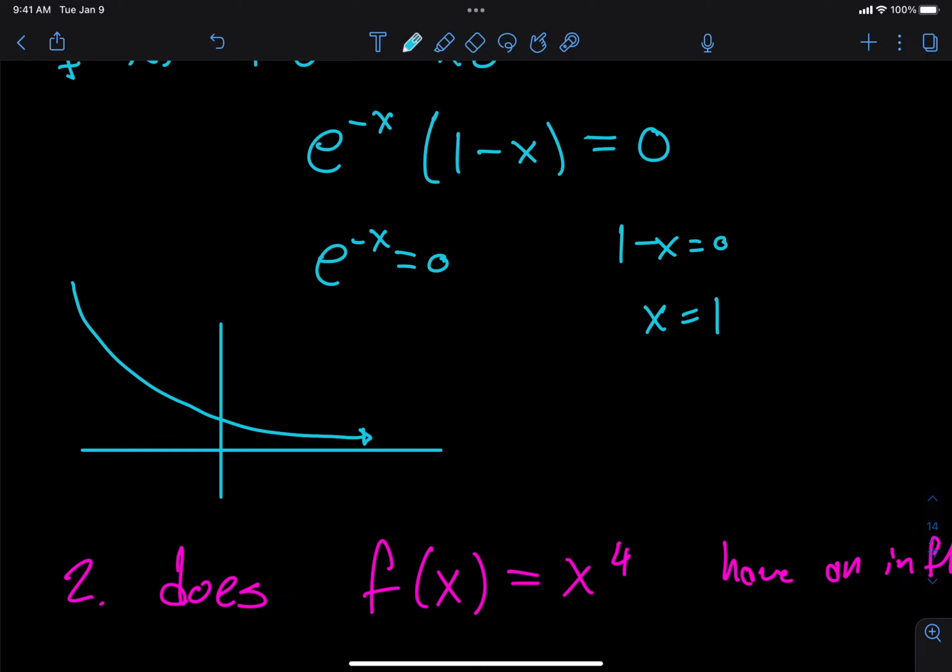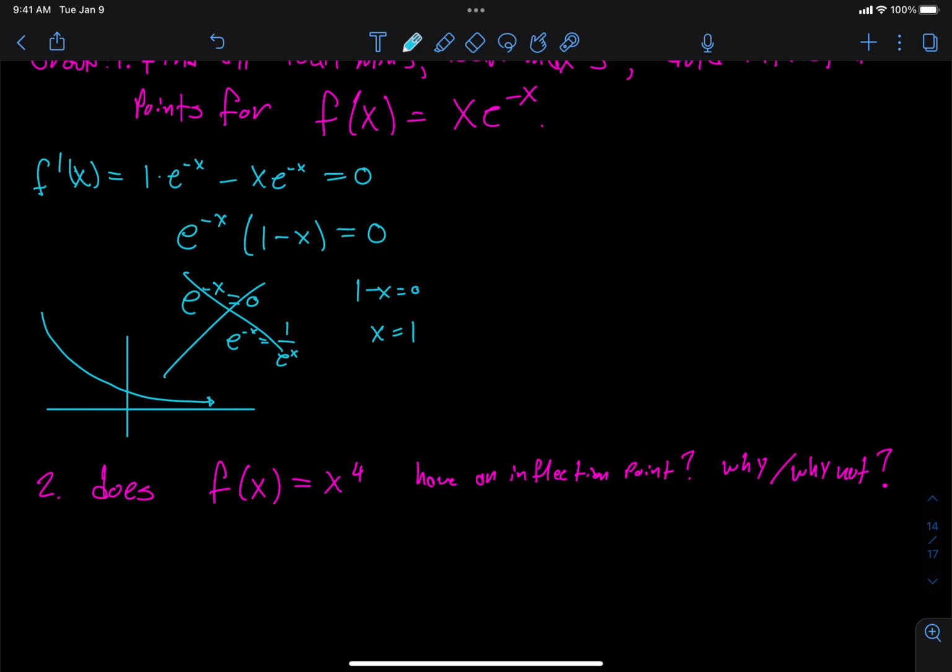The reason that happens is because, look, as x gets really large, e to the minus x is just 1 over e to the x, which when x is really big, it's true this denominator will be huge, but never large enough to make a fraction with 1 on top to be 0. Okay, this fraction will never be 0. All right, so we can forget about this one. It doesn't give us any solutions.